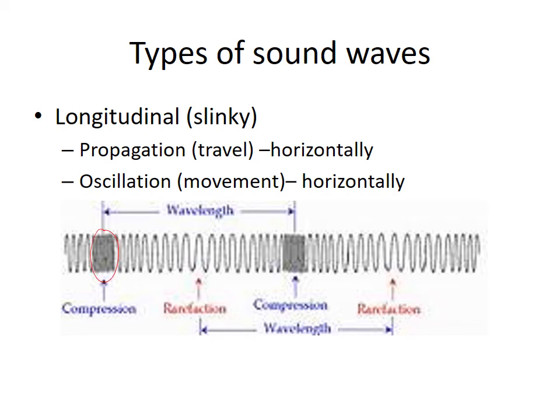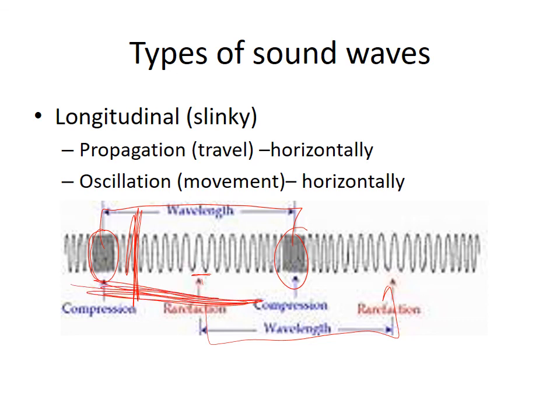Instead, they have the places where they're compressed, and the places where they're spread apart, which is called the rarefaction. Your wavelength is going to be between compressions or between rarefactions. Rather than moving up and down, the oscillation of the slinky is back and forth right here, and the propagation is only going to be that way. So they're going in the same direction.